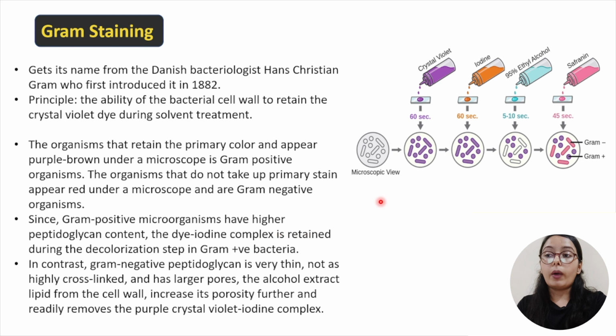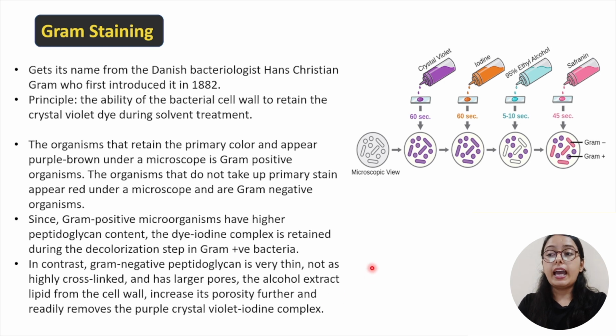appears purple. In contrast, in gram negative bacteria, since the peptidoglycan is very thin, not highly cross-linked, and has large pores, when decolorizing was done using alcohol, the crystal violet and iodine complex was easily extracted from the cell wall because of the larger porous space, and that's why there was no color of the crystal violet, while there was the color of the counter dye which was added last.